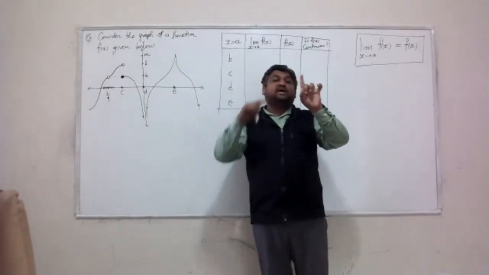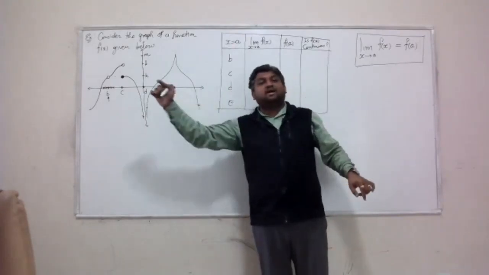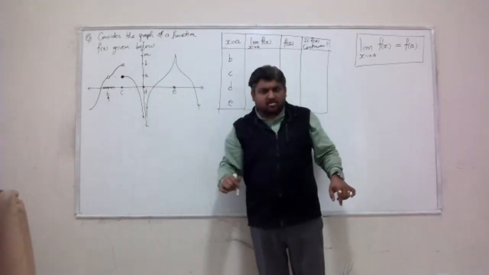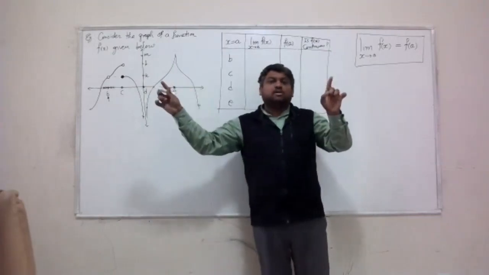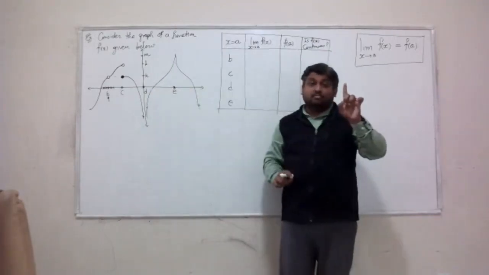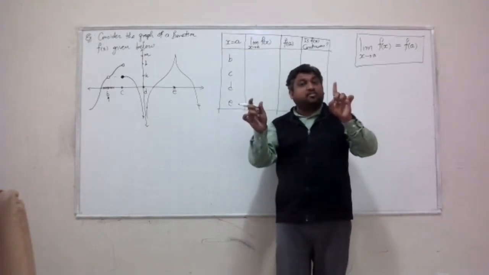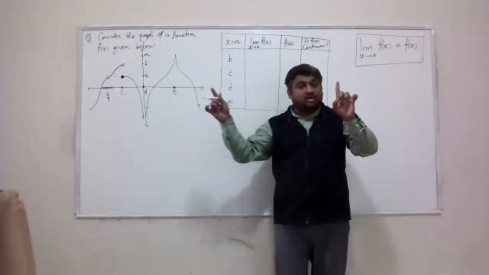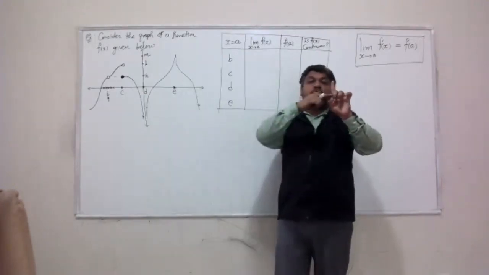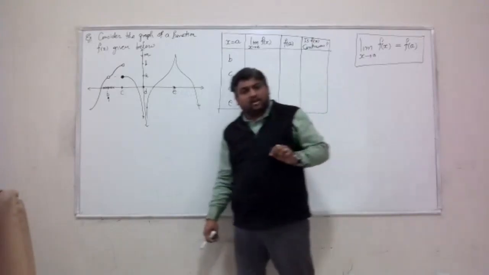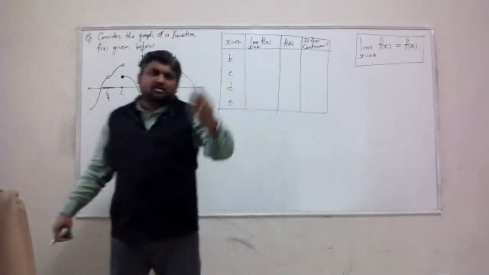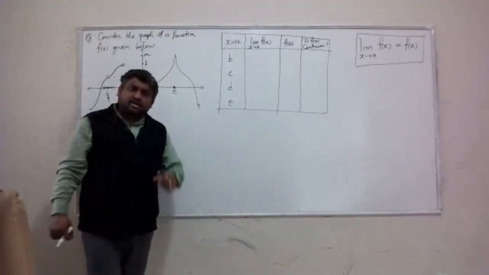You can consider x to be 0.999999999. This is a number very, very close to 1. You can consider that number, but you cannot consider 1, right? So you can go very close to 1 without hitting 1. That is the rule that we follow, all right?